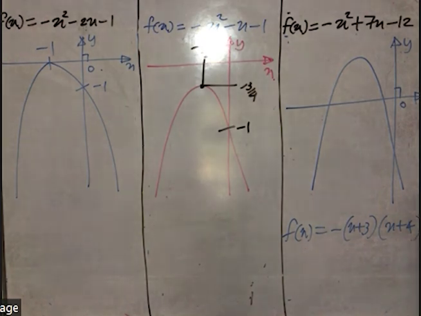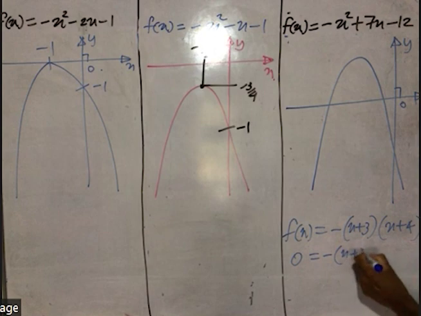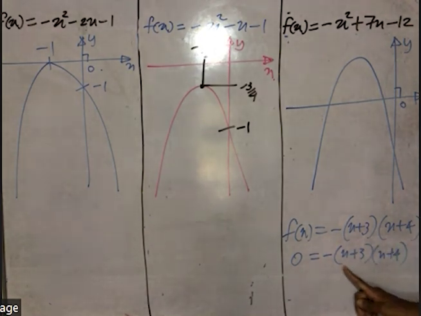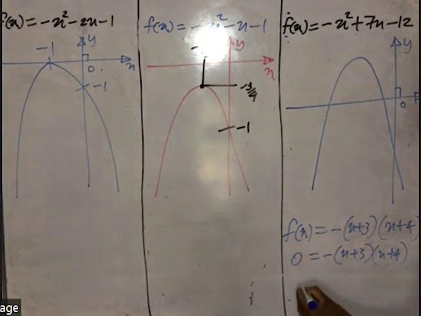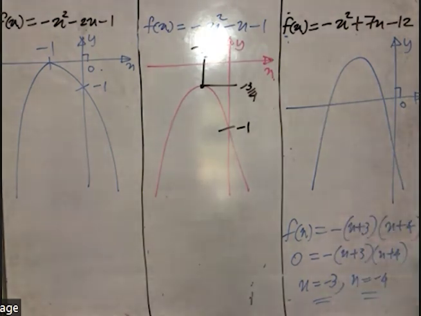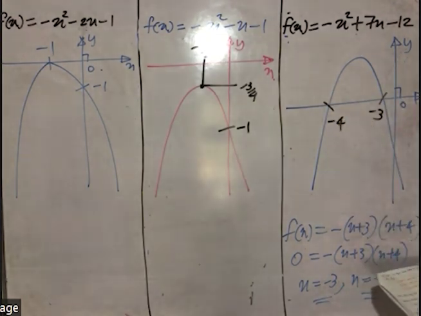When y equals 0, these two factors will be equal to 0. That means x = -3 and x = -4. So these are the two intersection points, x = -3 and x = -4. There are two intersection points, right?